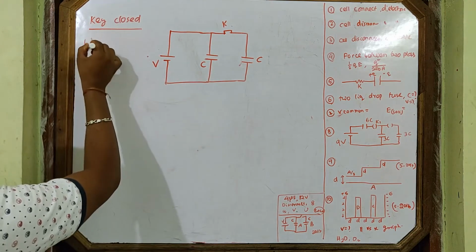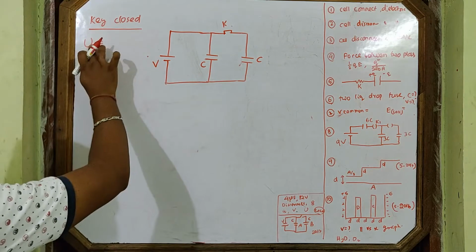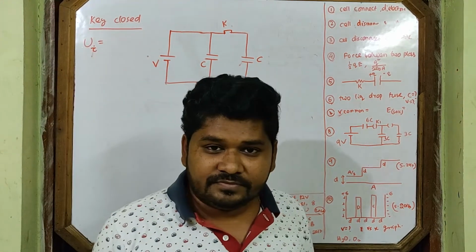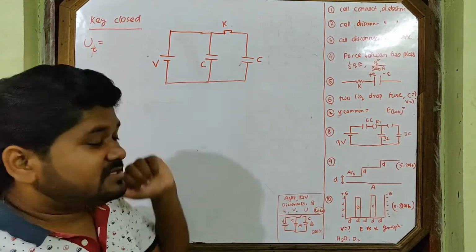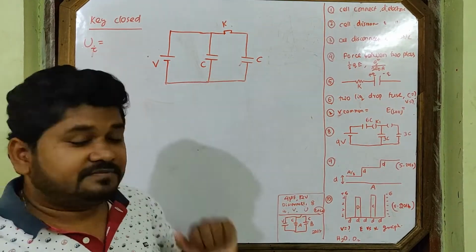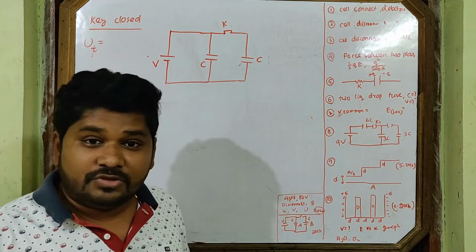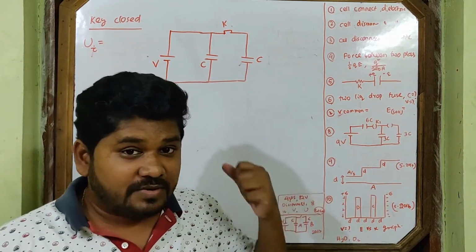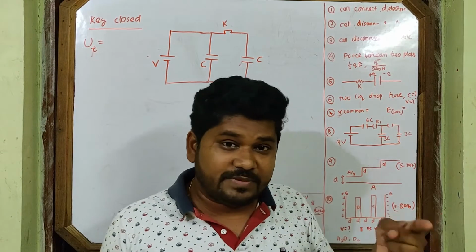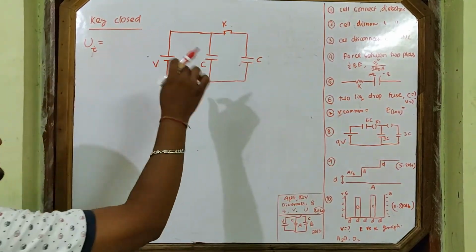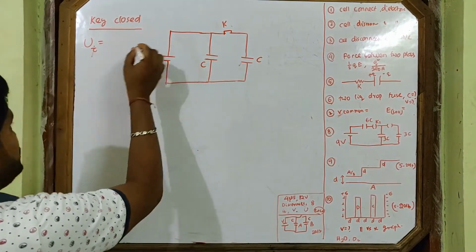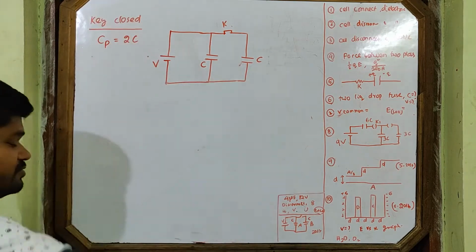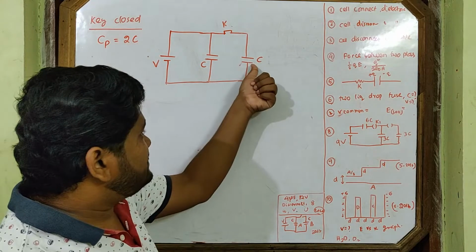I am writing this initial energy as U I. What is the total capacitance? The capacitors are connected in parallel, and you remember the parallel formula C equals C1 plus C2, so the total capacitance is 2C.